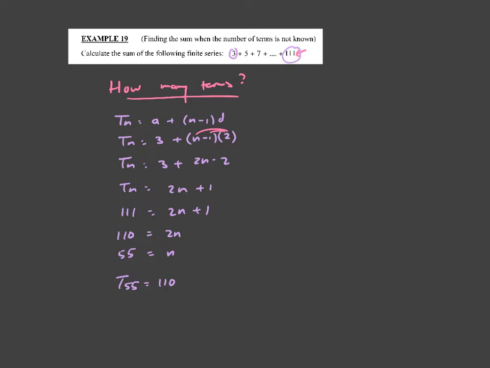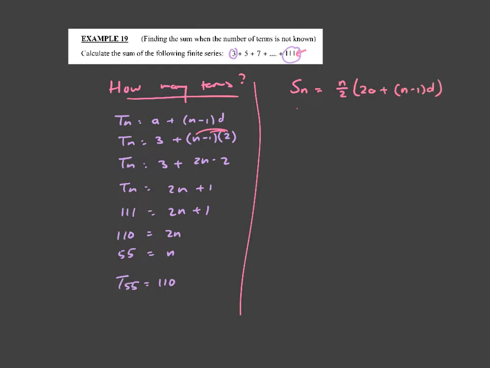So I'm going to use both of those formulae, and you decide which one you want to use. Okay, so let's start with the one on the formula sheet, the one we just did: n over 2, (2a plus (n minus 1)d). Alright?